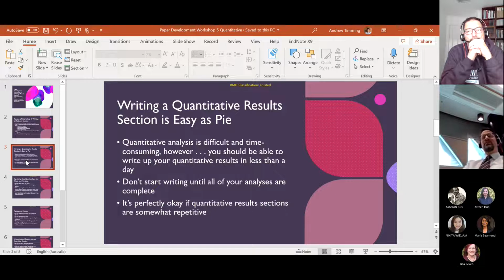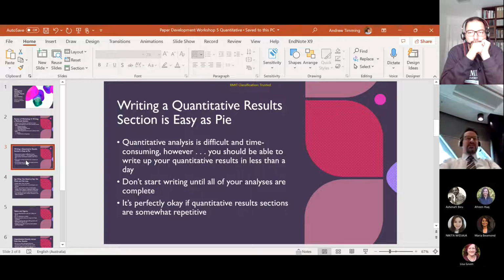But once you've carried out the techniques and generated your output, the writing up of a quantitative results section should take considerably less than a day. For me, the narrative part might take 3 to 4 hours at the most, because essentially you're writing in narrative form what's already reported in the tables in that section.